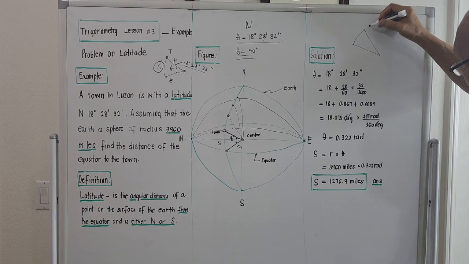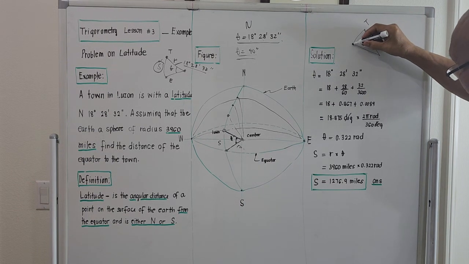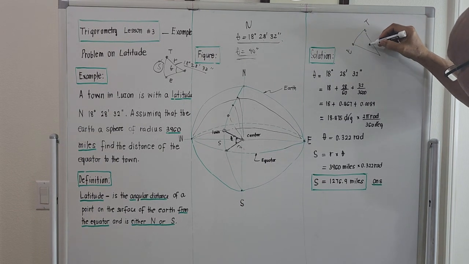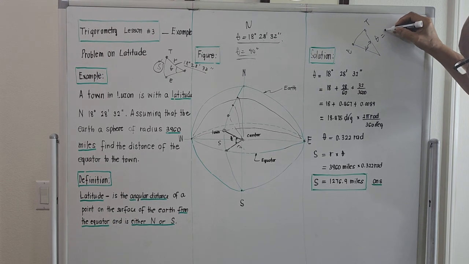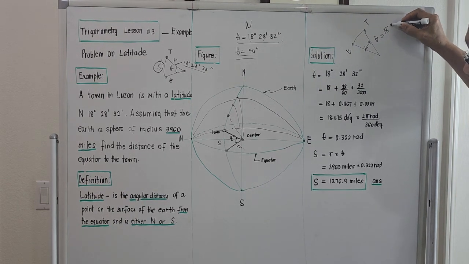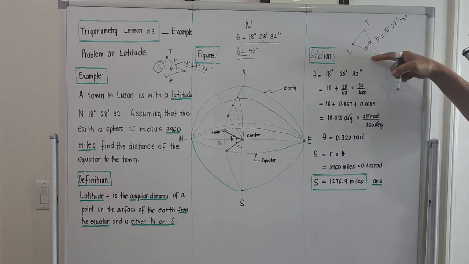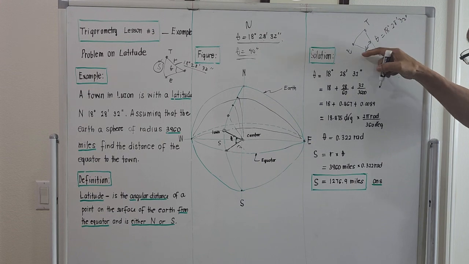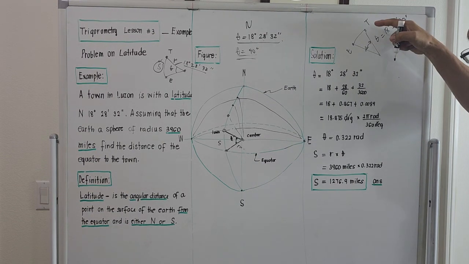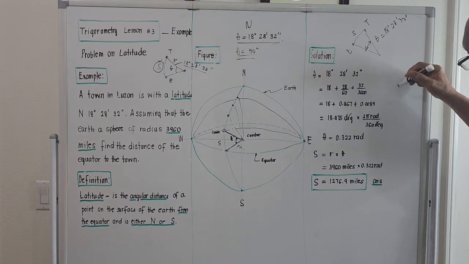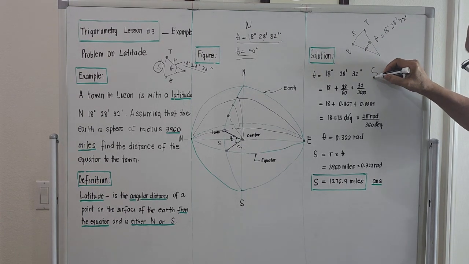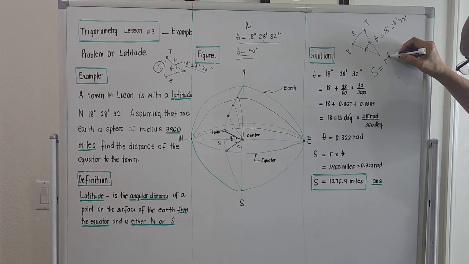So if we try to bring out the solution, this should be the town, this is the equator, and the given latitude is theta equal to 18 degrees, 28 minutes, 32 seconds. The problem is just asking what will be the distance between the equator and the town. It is S. So we will be using the formula S is equal to R theta.